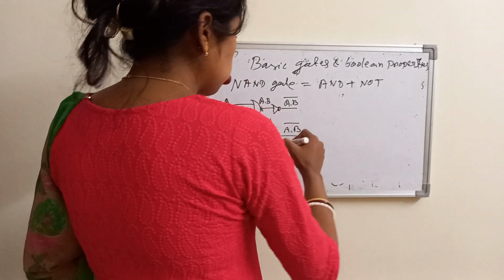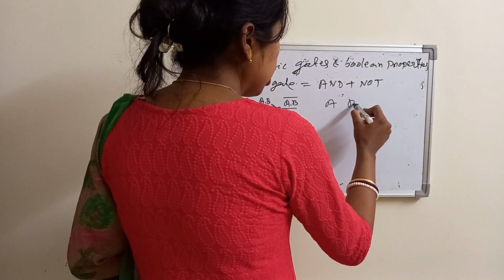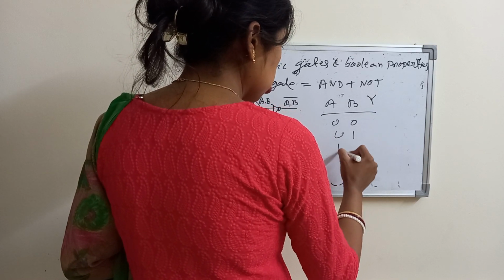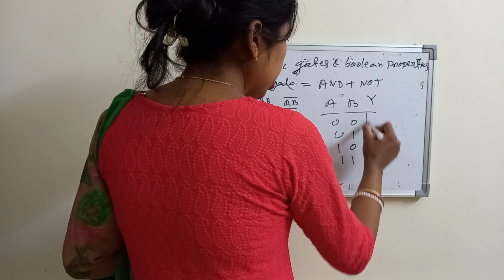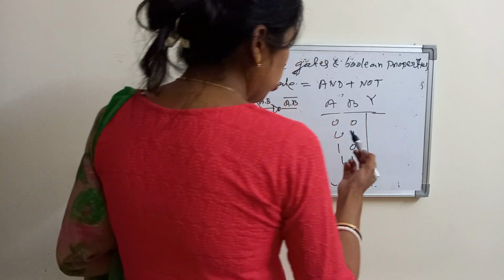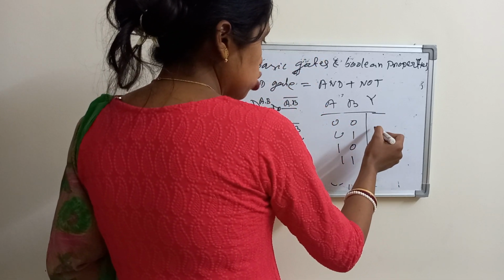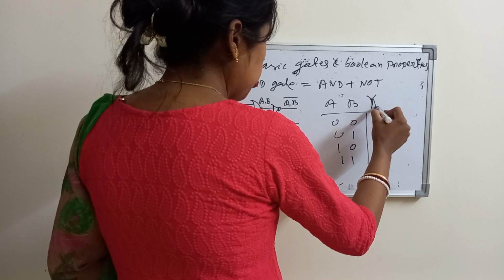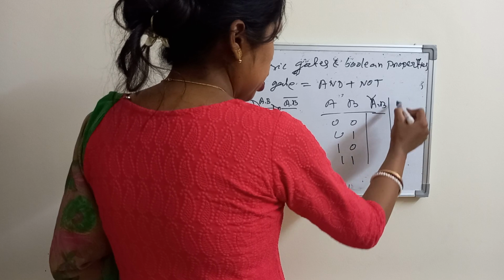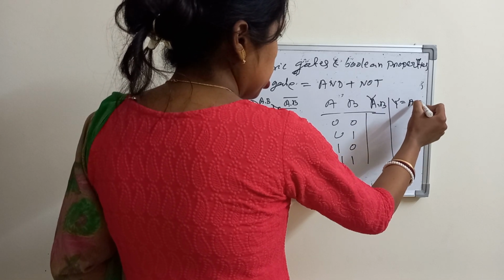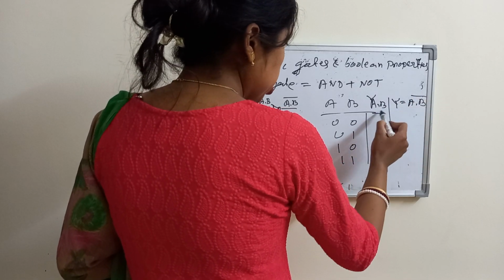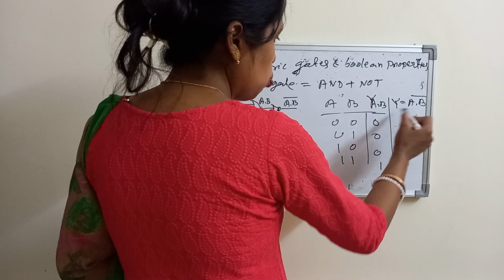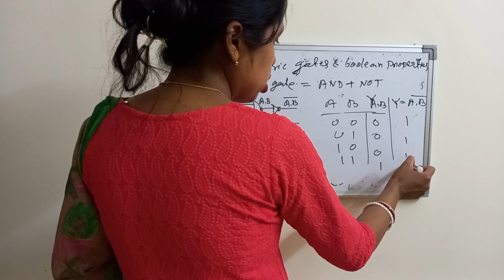Now, from this formula I am writing the truth table. In case of the AND gate, for this combination you got 1. Here I am writing A dot B. The AND gate output is 0, 0, 0, 1. The complement of that is 1, 1, 1, 0.